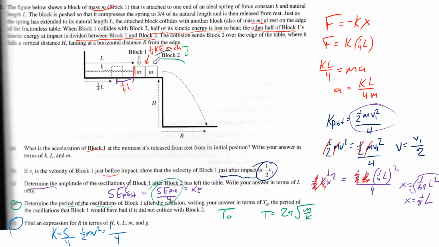So that was 1/2 kx, and the displacement was 1/4 L squared. Nice. So solving for V, cancel out those 1/2s. Cha-cha-cha.